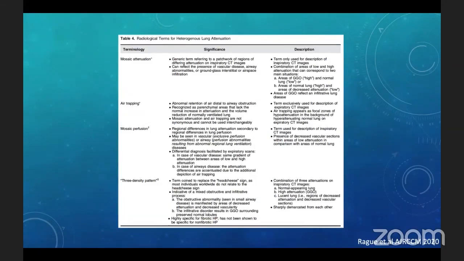So you have the lucent lung, let's call it an easy terminology. You have the dark or black lung, which is the air-trapped lung. You have the gray lung, which is the normal lung, and you have the white lung, which is abnormal because of ground glass opacities. So you have three different densities.